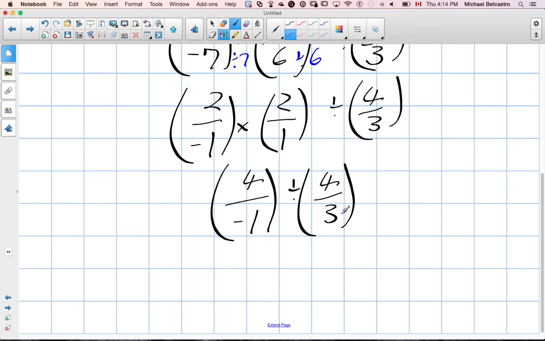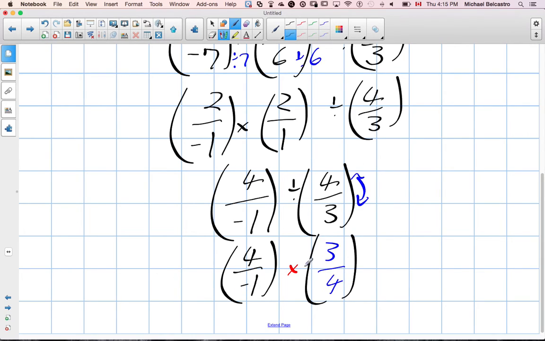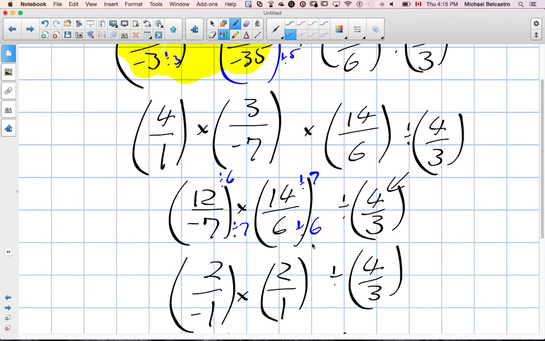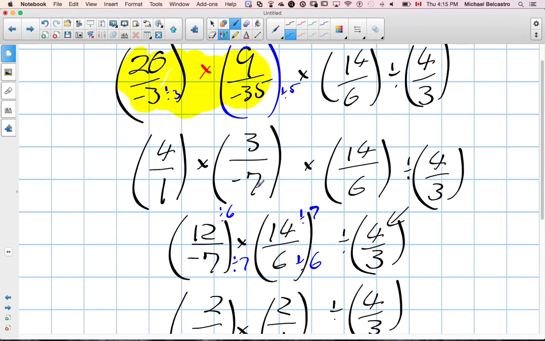Remember we said we turn it into a multiplication question. So I have 4 over negative 1 times, this inverts, so it becomes 3 over 4. And let's look for cross reduction again. I can't do anything with the negative 1 and the 3. Is that negative correct? Did I do that? Oh, this should have been a negative here, which would have made this positive.